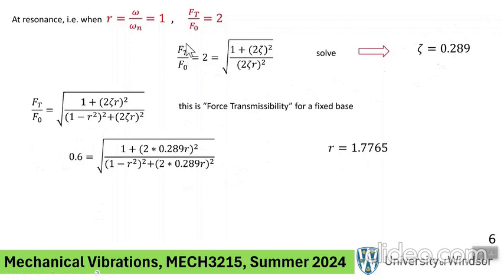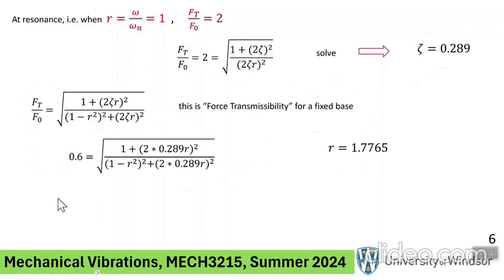Look, this condition at resonance, we want Ft to be at most 2F naught. That gives us zeta, at resonance, when r is equal to 1. In general, this is the expression for Ft over F naught. The second design condition is that this ratio be 0.6.